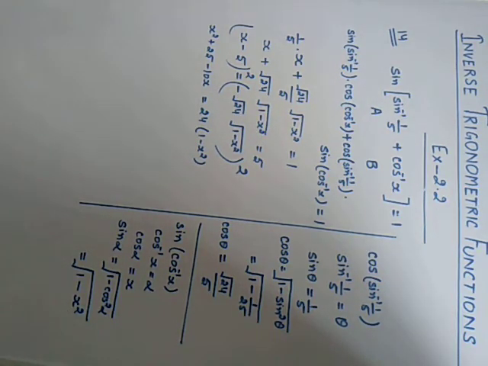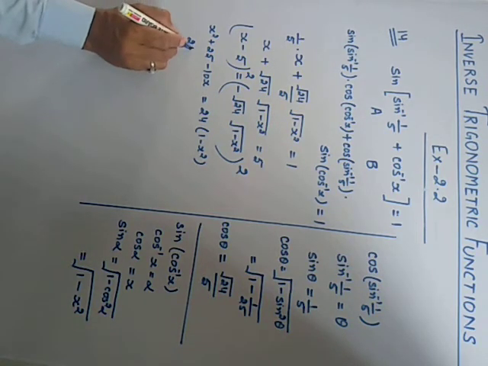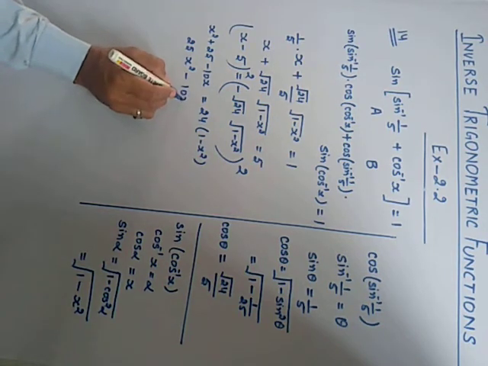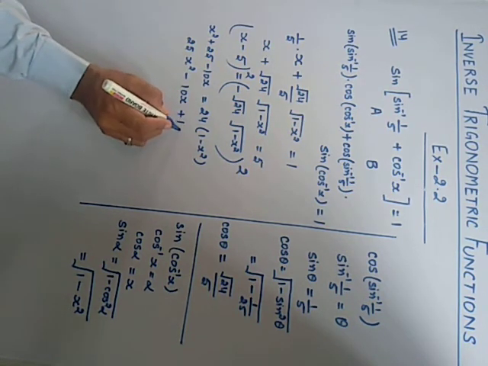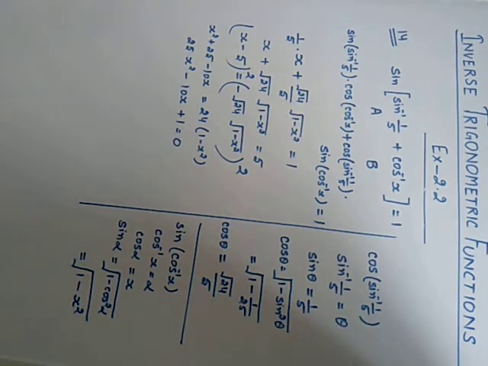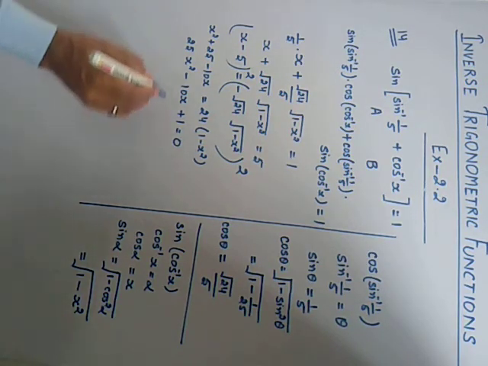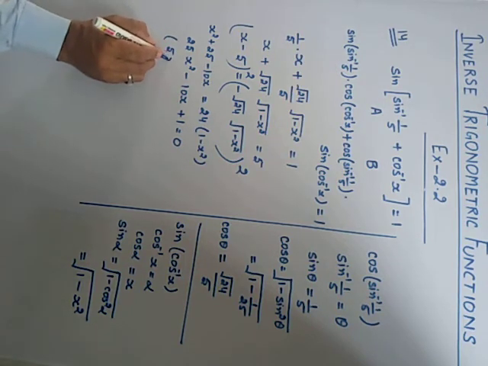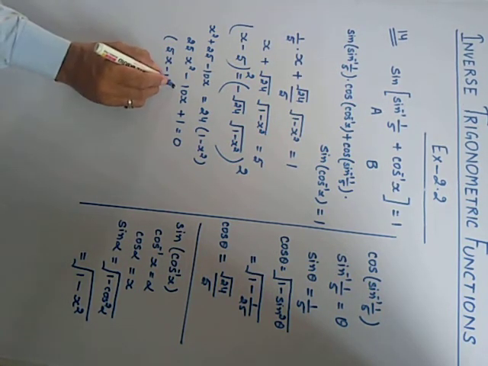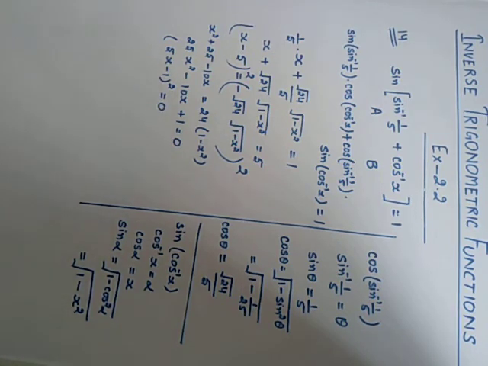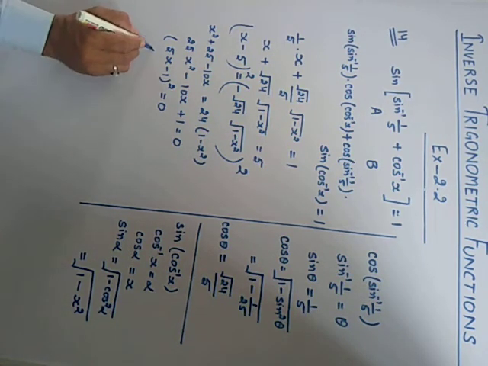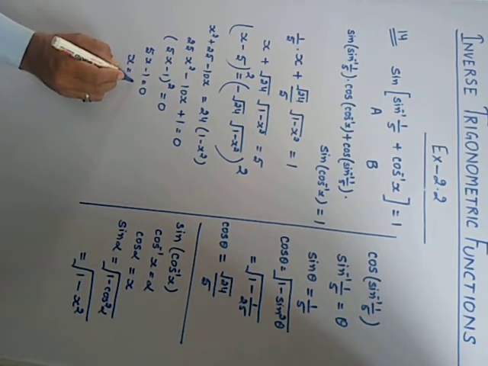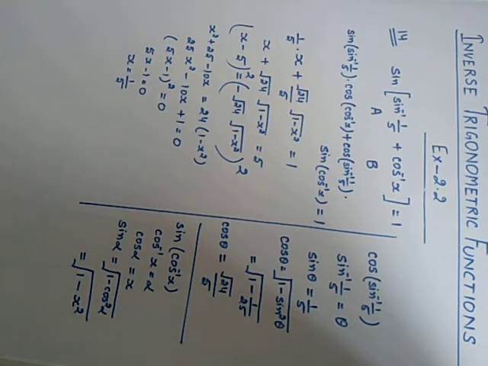After simplifying it, we will get a quadratic equation which is 25x square minus 10x plus 1 equals 0. After factorizing it by splitting the middle term, we will get 5x minus 1 whole square equals 0. So 5x minus 1 equals 0. So x equals 1 upon 5.